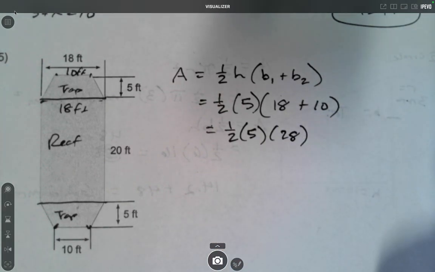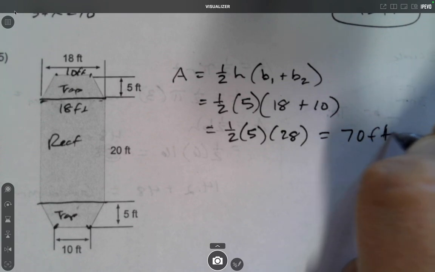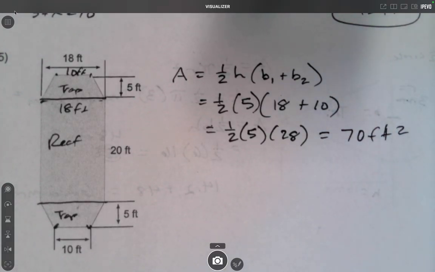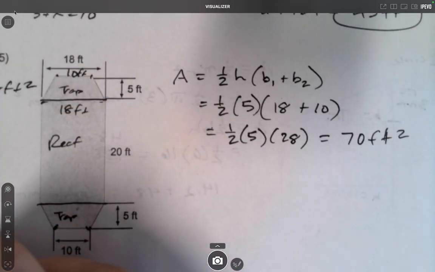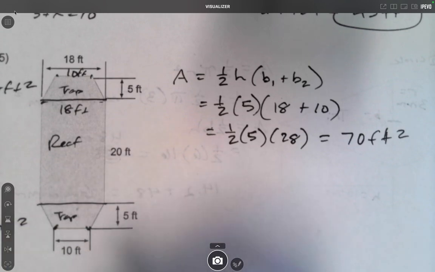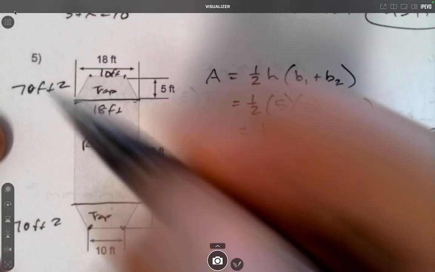And when you multiply all those together, you get 70 square feet. So remember, that's the area for both this trapezoid up here and this trapezoid down here, because they're identical, they're congruent. So if I find the area of one, I have found the area of both of them.